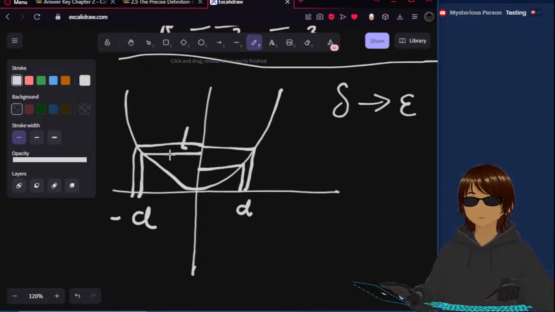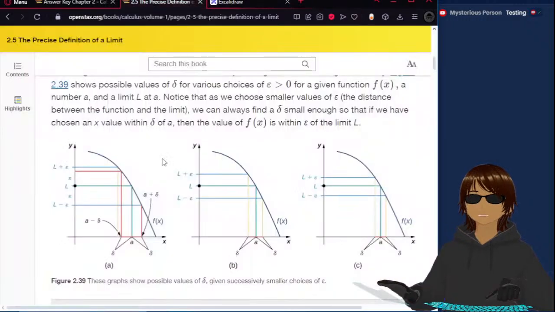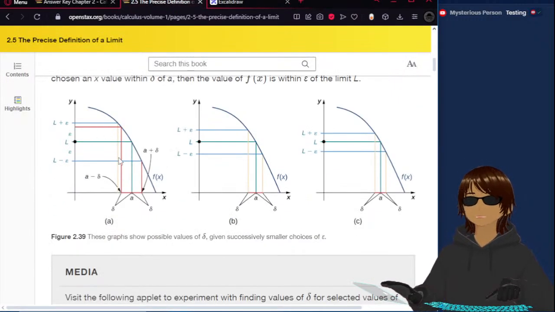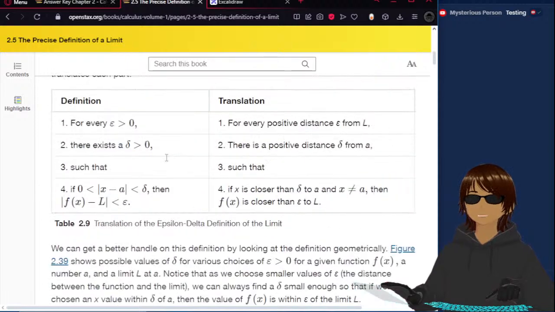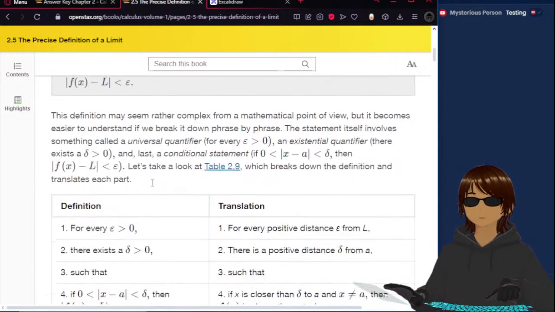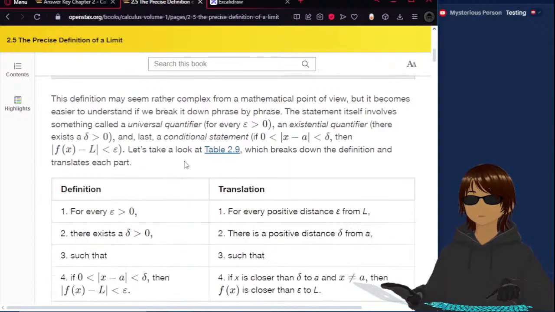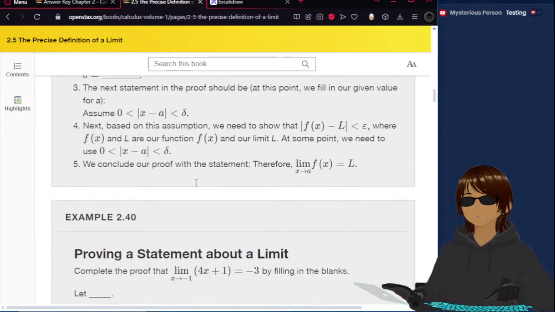But if we choose exactly this, we would have a delta but no epsilon. So I think that's why it's reversed. If there's an epsilon, there will always be a delta. Well, if I'm wrong, then someone can give a better explanation.